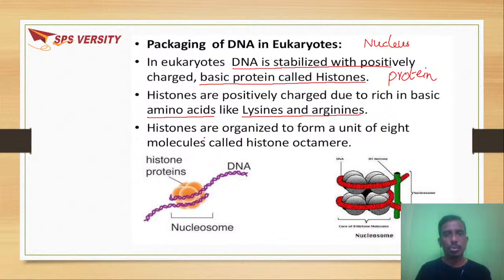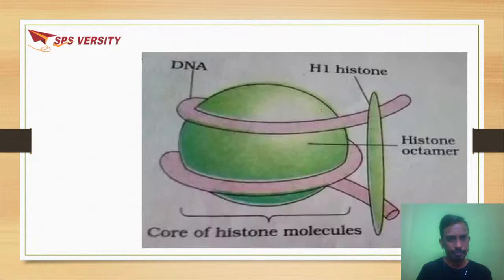These histones form a histone octamer. In histone proteins, there are H1, H2A, H2B, H3, H4.